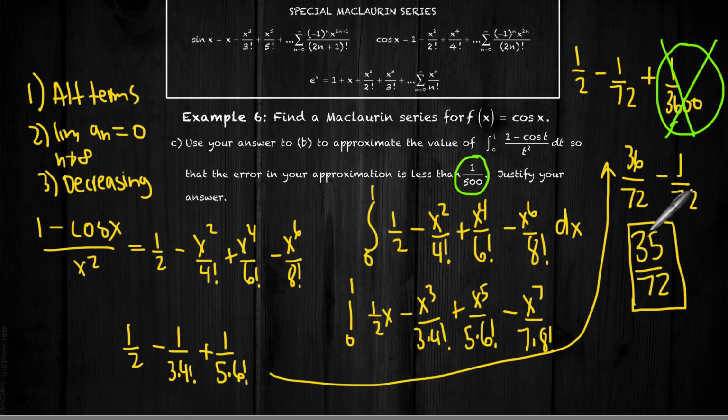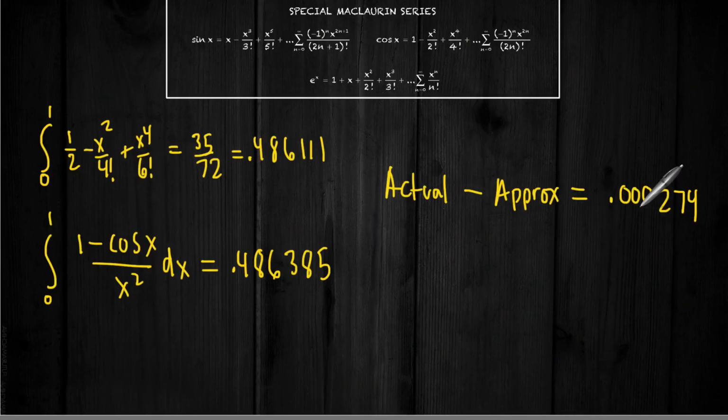Now let's just see how close our approximation of this integral is to the real integral. So when we use our Taylor series, 1/2 minus x squared over 4 factorial plus x to the 4th over 6 factorial, and we approximated that integral to be 35 over 72, as a decimal, that is 0.486111.